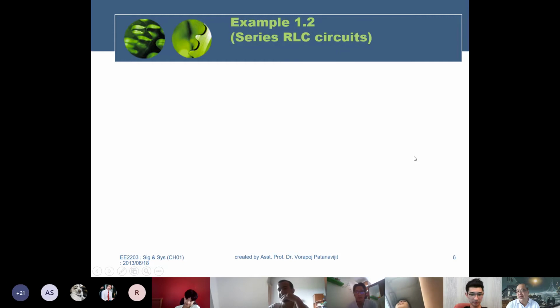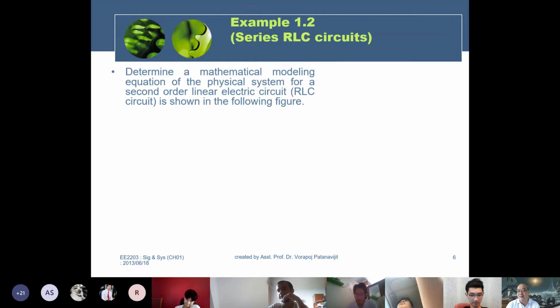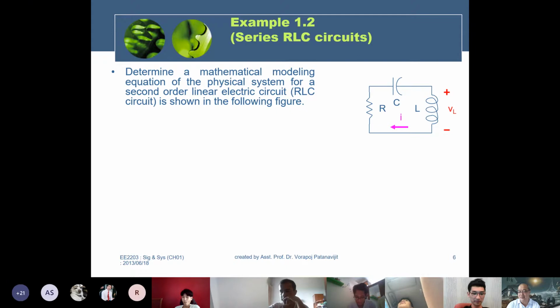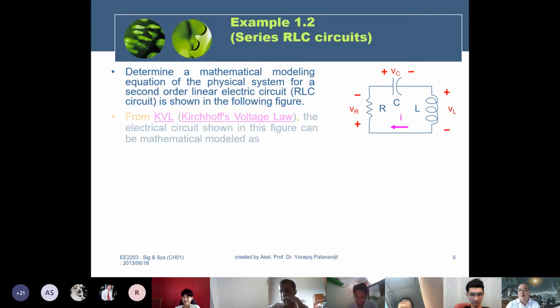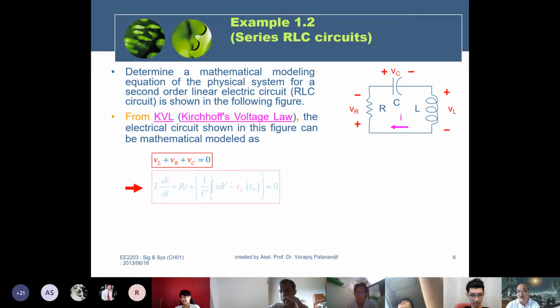Okay, for another one, determine the mathematical model of the physical system for the second order linear electrical circuit, the RLC in series instead. From this, when we would like to model the system, we follow the first step.